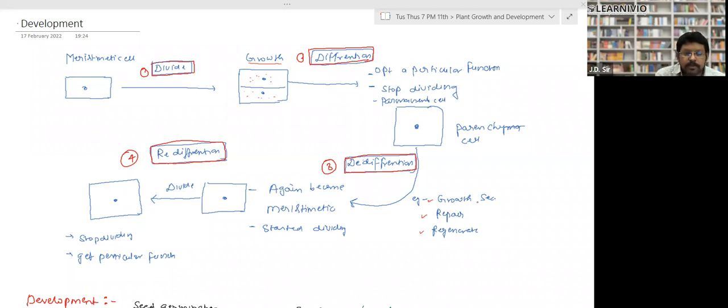So this was dedifferentiation. It's very important. Plasticity is very important for your school examination. And this division, differentiation, dedifferentiation is also very important, right?